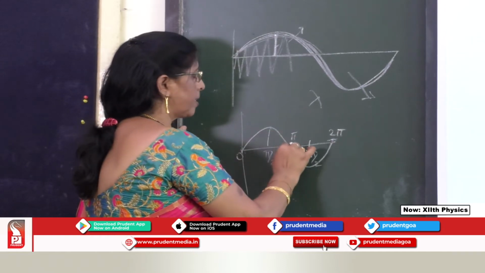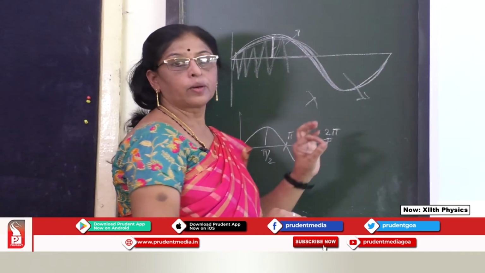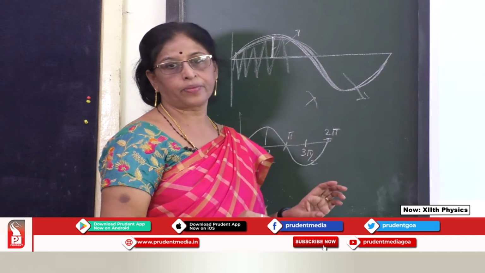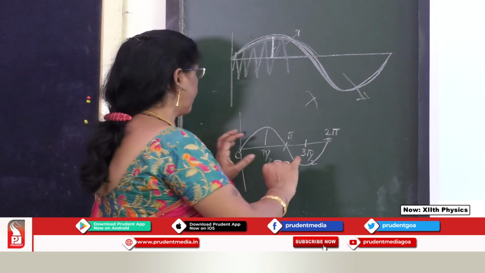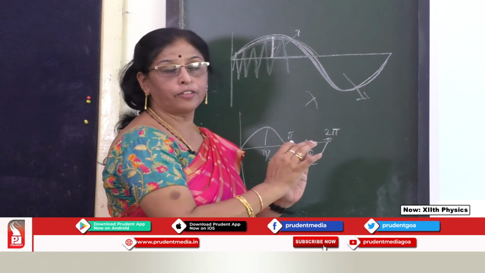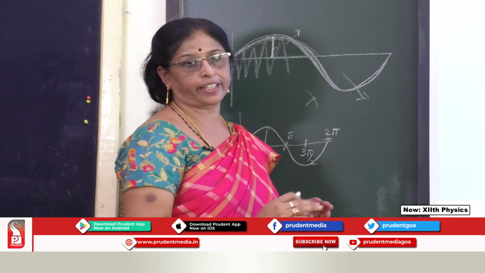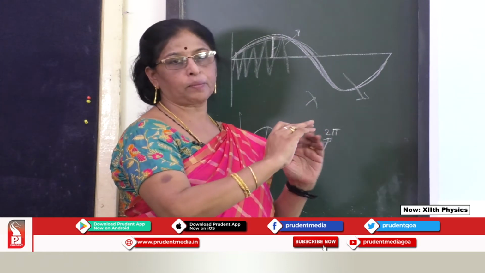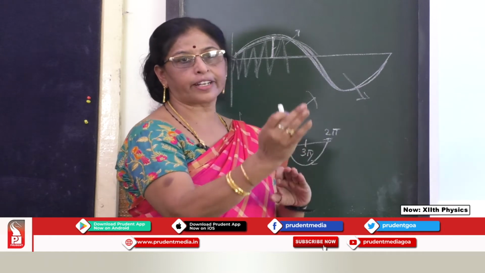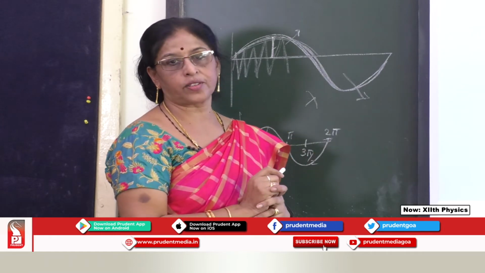These different points we call phase. So phase is the angle from the origin it makes. From the starting point, what is the angle it makes? That is what we call a phase.